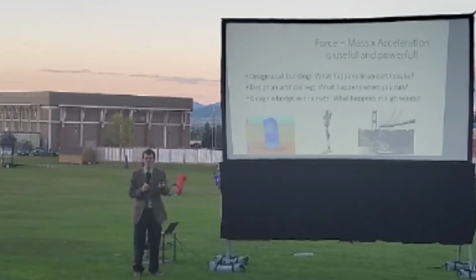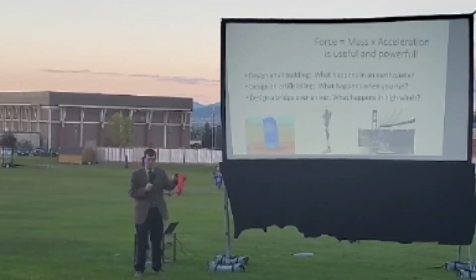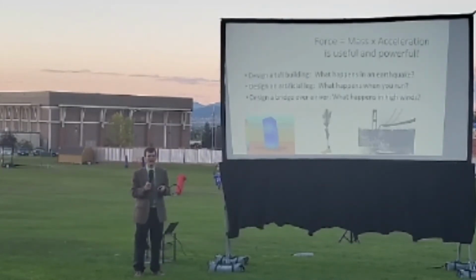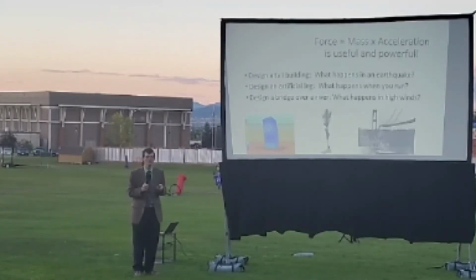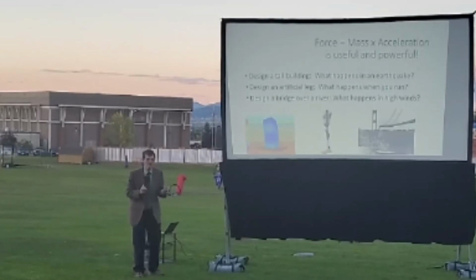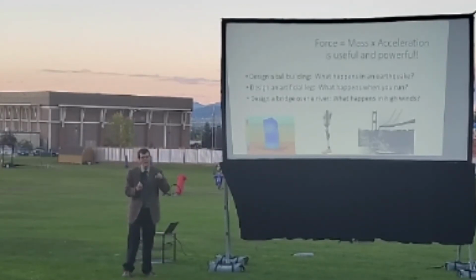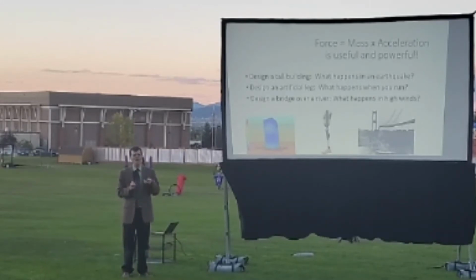Now we can explore different designs, see how they respond to different forces, different winds. This is an amazing piece of mathematics that allows us to explore, to understand, to create, to build things that we've never built before, because we have a mathematical model which allows us to predict what will happen.